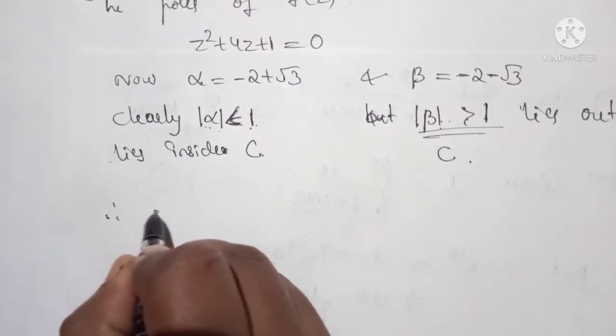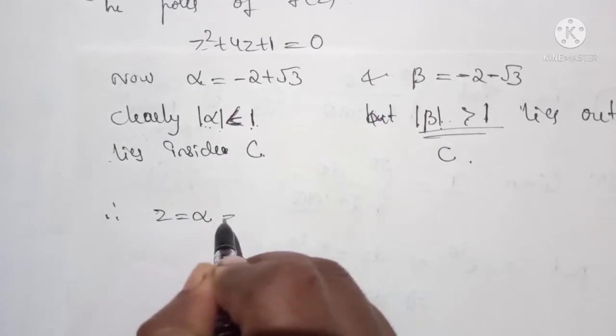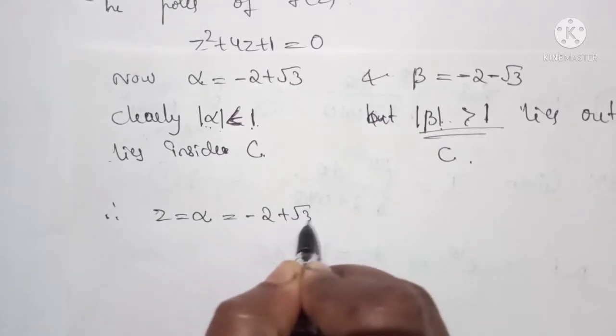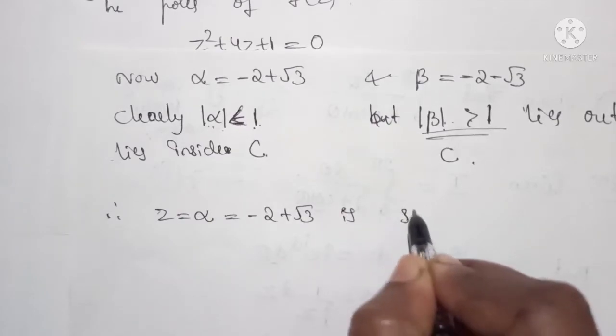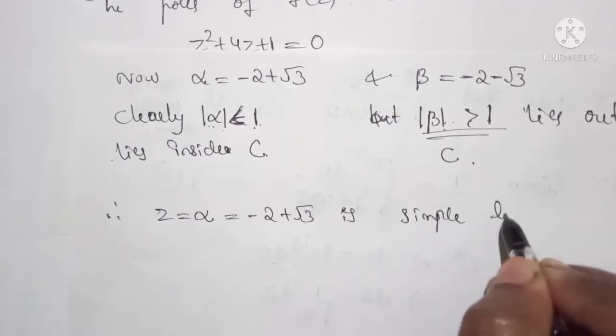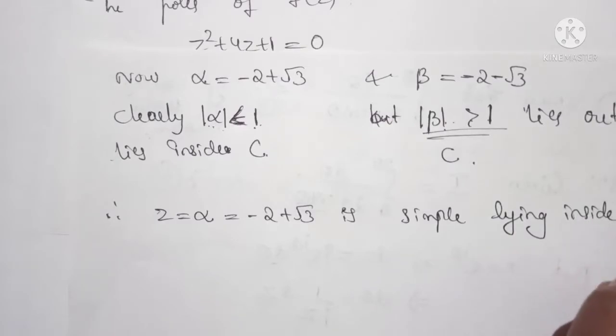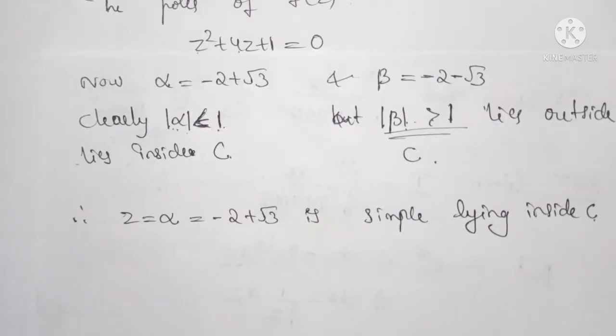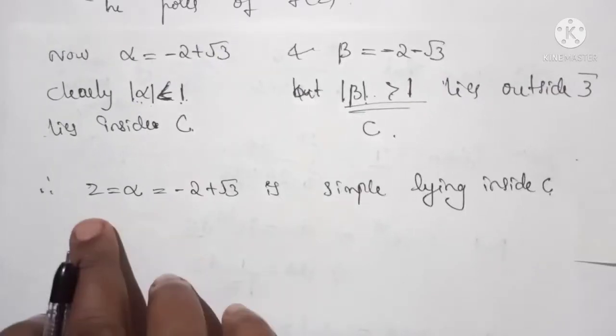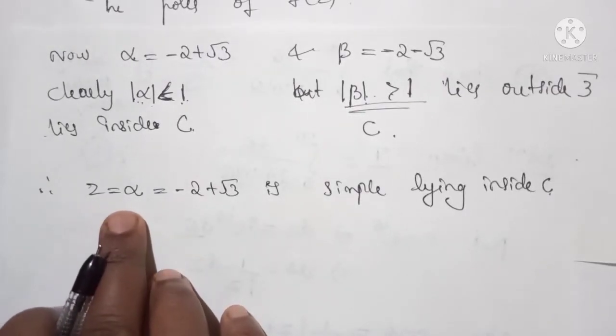Therefore z equals alpha, which is minus 2 plus root 3, is a simple pole lying inside circle C. So we find the residue at z equals alpha.